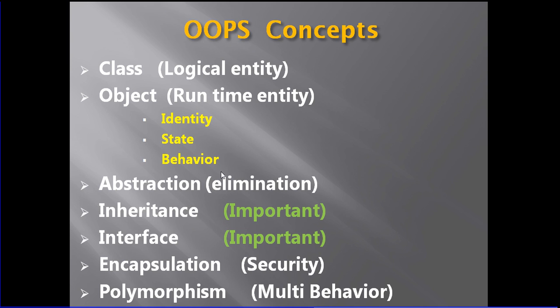Water means the name water, that is the identity. Then state: liquid. Sorry, state means color. There is no color to water, so that is the state. Behavior means that it is liquid.